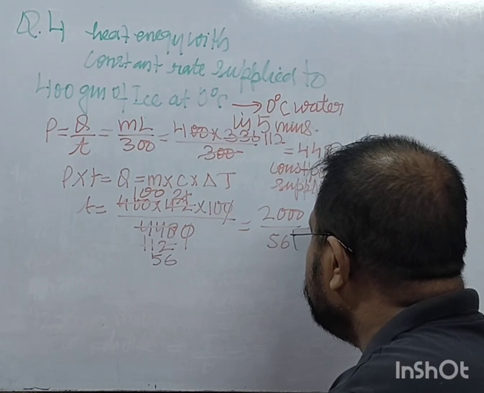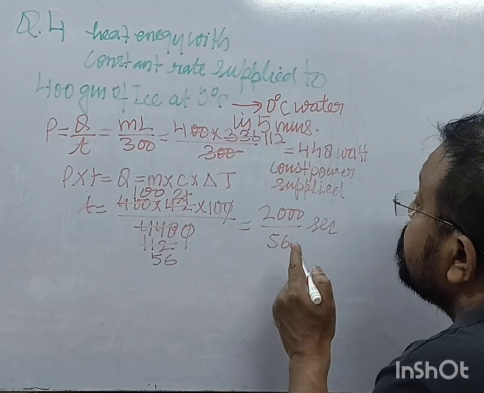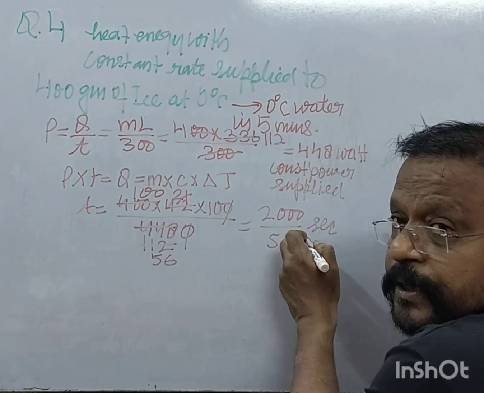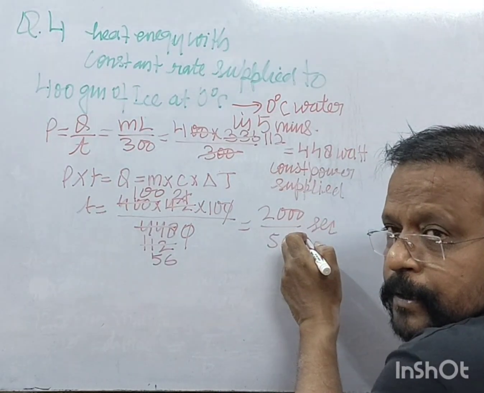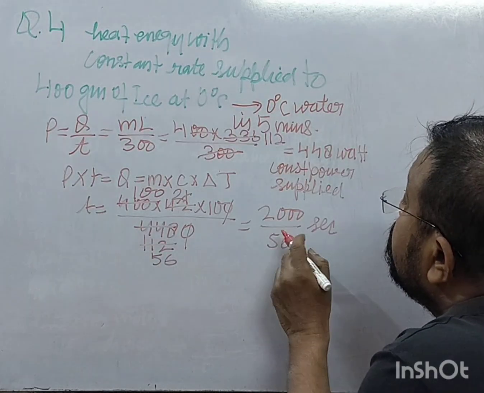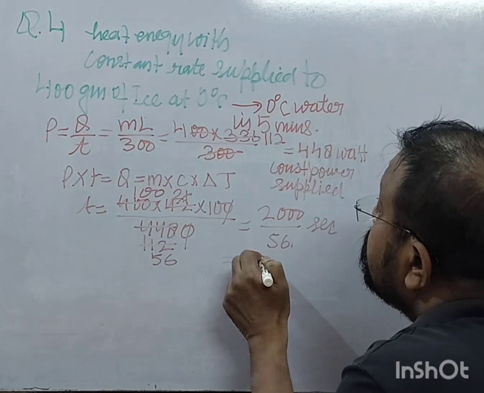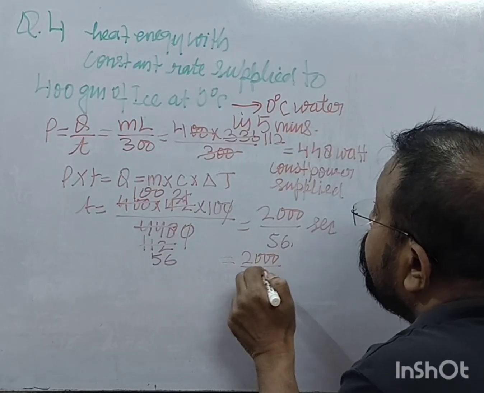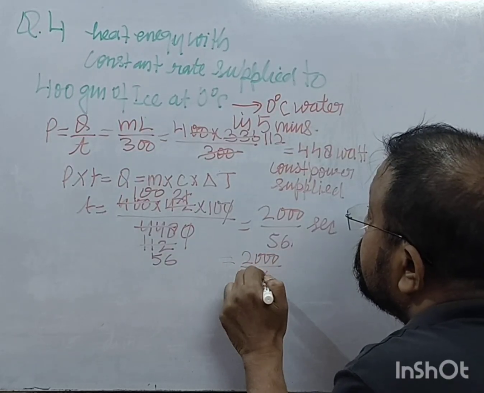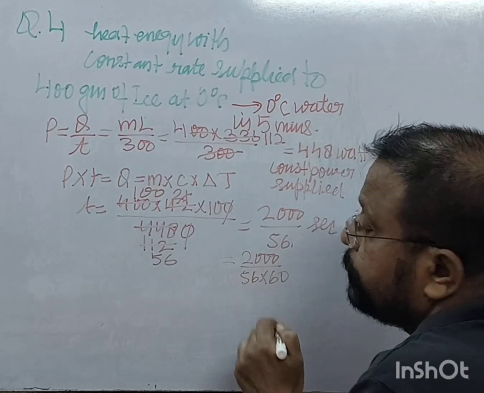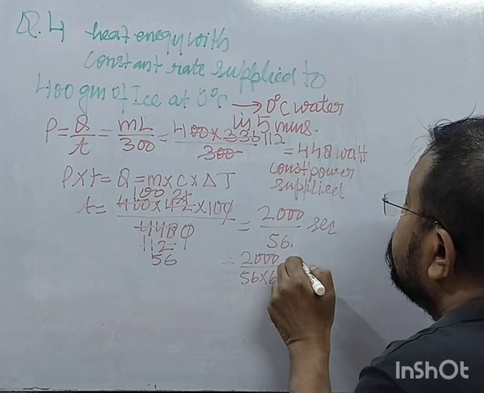So 1 second is equal to 1 upon 60. It becomes 2000 upon 56 into 60 minute.